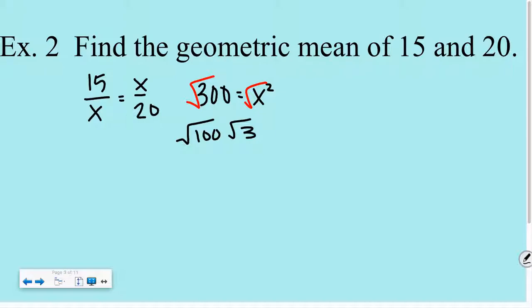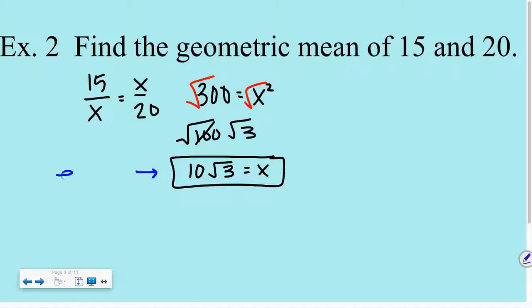What's the square root of 100? 10, and we don't know what the square root of 3 is, so then our x value would be 10 square root 3. Okay, no decimals today, so if it's not a perfect square, you gotta break it down using your square roots. This would be called exact form. Whenever you have radicals, it's called the exact form.